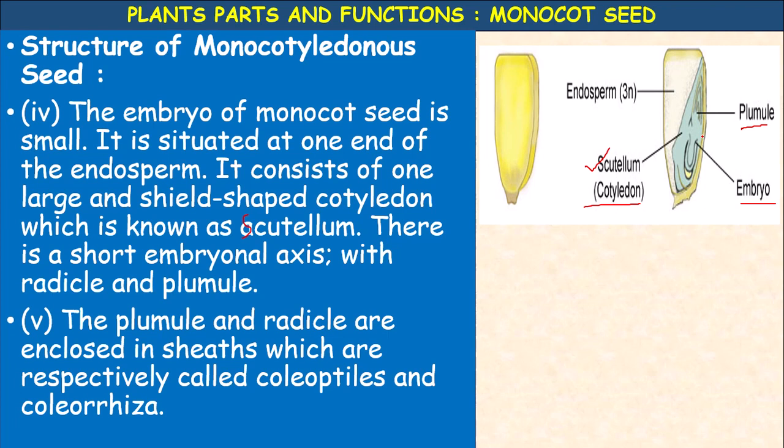The plumule and radicle are enclosed by sheaths, which are respectively called coleoptile and coleorhiza. Coleoptile is the covering of the plumule or stem axis, and coleorhiza is the covering of the root axis, the radicle.